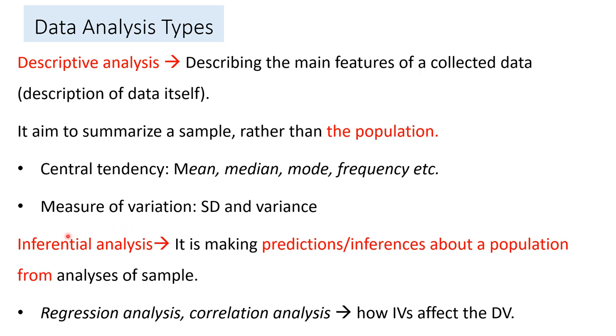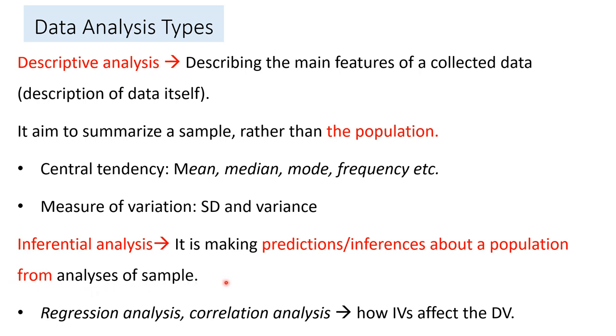And the second type of data analysis is inferential analysis. If we want to predict, or if we want to explore the cause and effect relationship between the variables, we can conduct the inferential analysis. So it is making predictions or inferences about a population from the analysis of the sample.